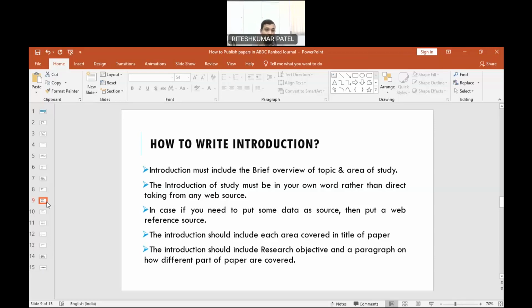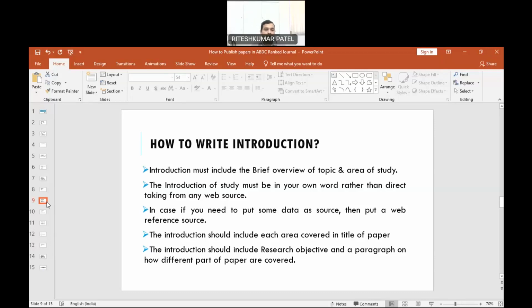You can refer to the information from web sources. You have to read it, understand it very well, and then rewrite it in your own words. When you write in your own words, the meaning will not change, but definitely the words will change, and their sequence will change. So it will reveal your own outcomes, your own words, rather than being taken directly from somewhere else.